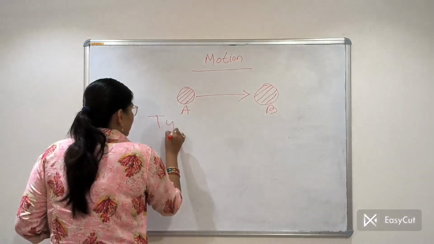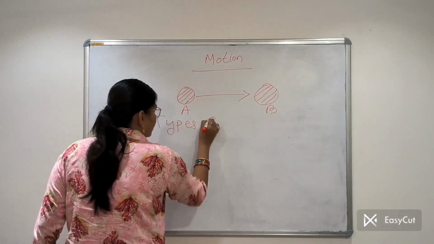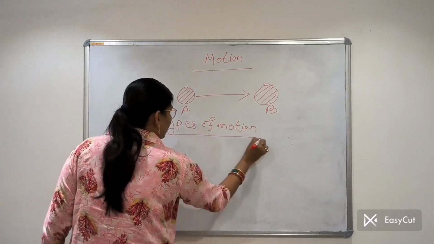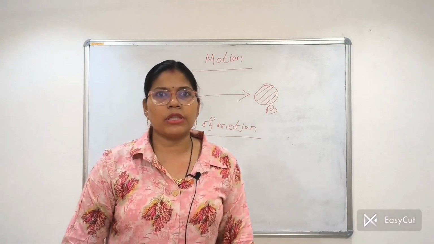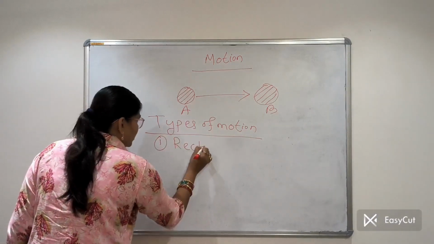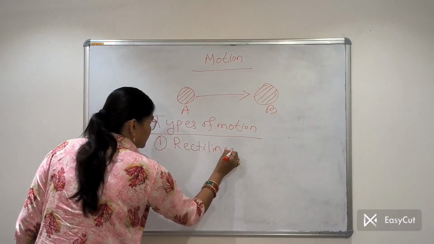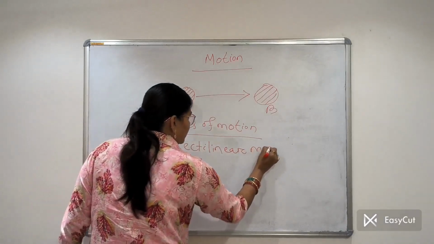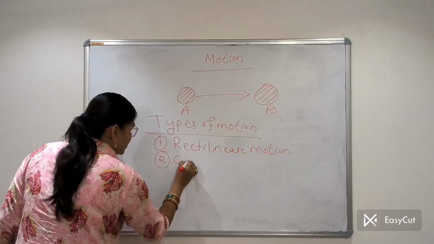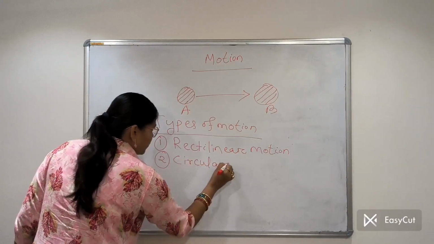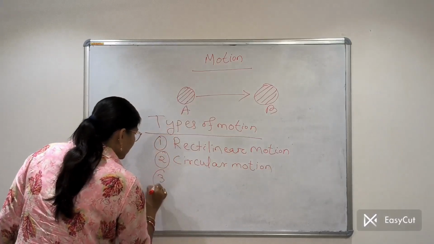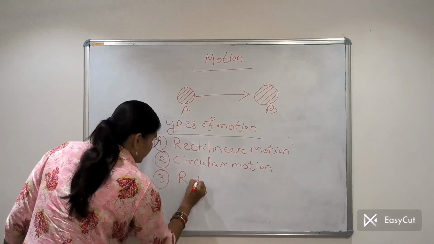Then the types of motion. So what are the types of motion? Number 1 is rectilinear motion. Number 2 is circular motion. Number 3 is rotational motion.